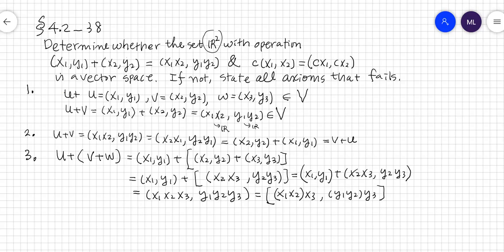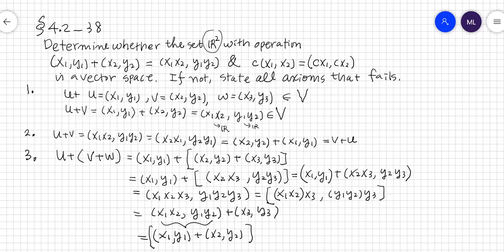So this is (x1x2, y1y2) plus (x3, y3). But what is this one? This is (x1, y1) plus (x2, y2), plus (x3, y3).